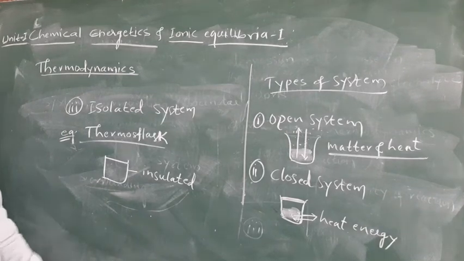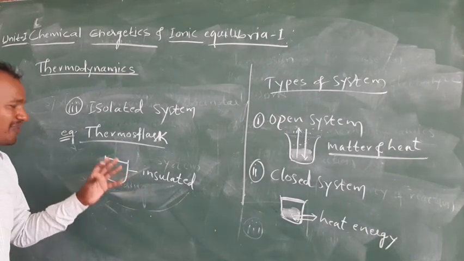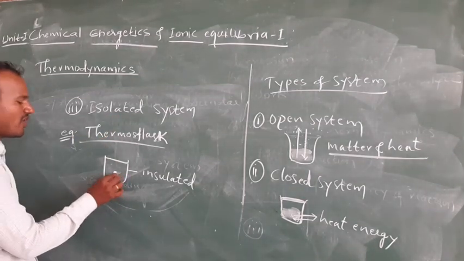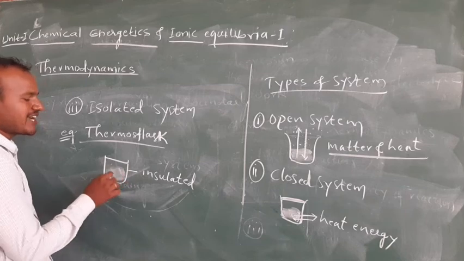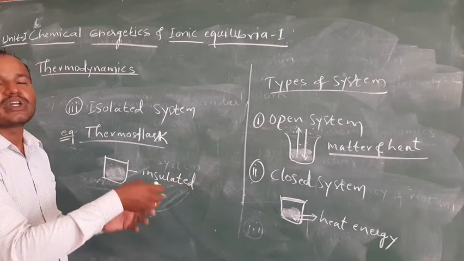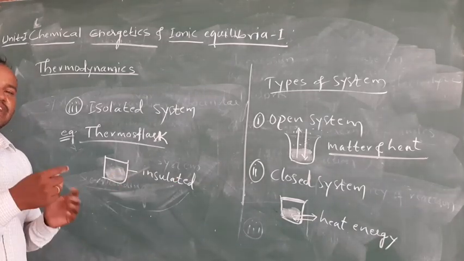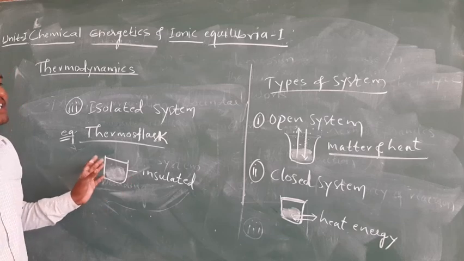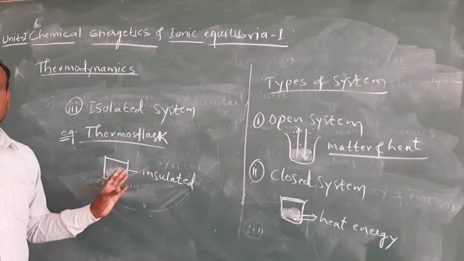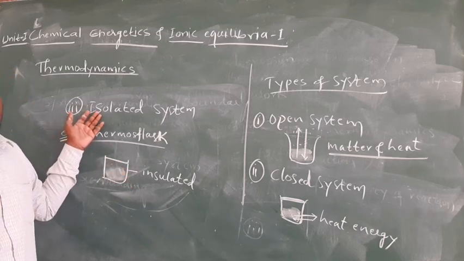When the boundary is insulated, it will not allow heat energy to pass through it. Then we can call it an isolated system. There is no exchange of matter and no exchange of heat between the system and surroundings. They are kept as they are, and therefore we call it an isolated system.